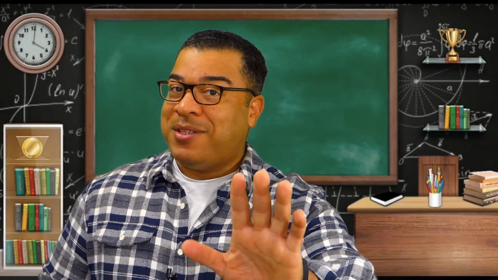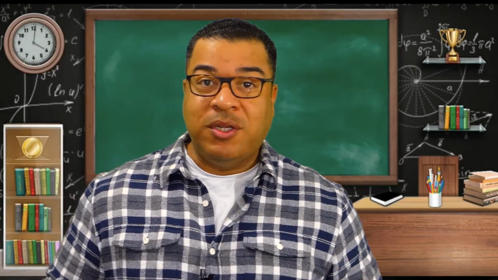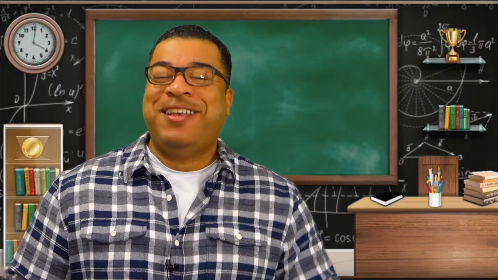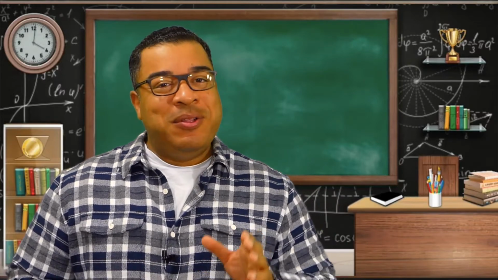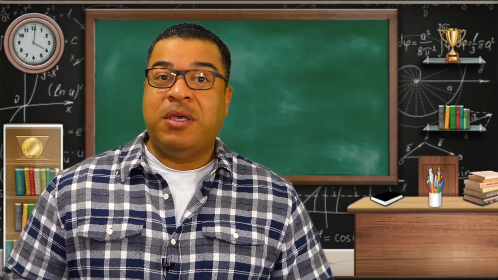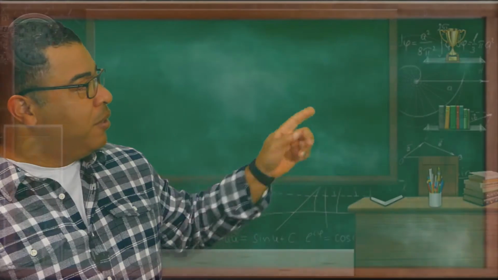Okay, I know it's not clear yet. First, let's look at the definition of an auxiliary verb. An auxiliary verb is a verb that changes or helps another verb. Okay, I know things are not very clear yet, but after we do some examples, things will be a lot more clear. So let's take a look at our first example here.